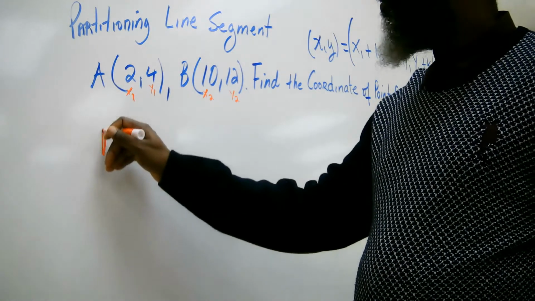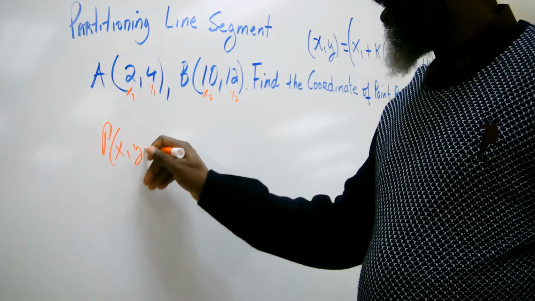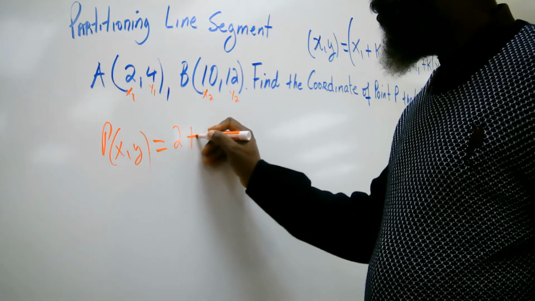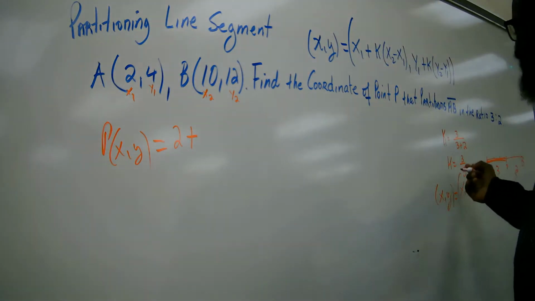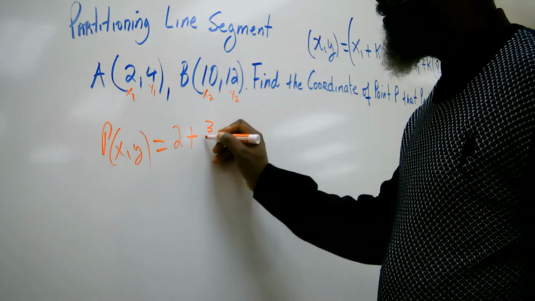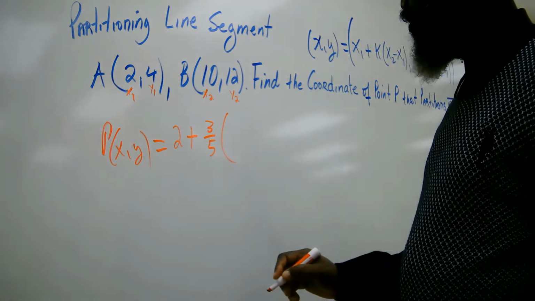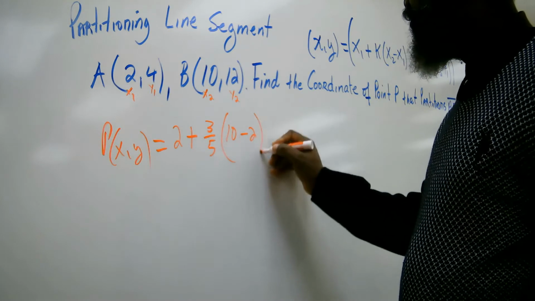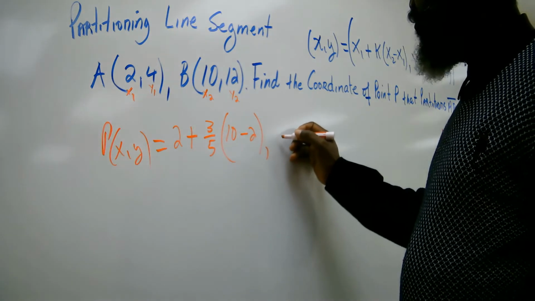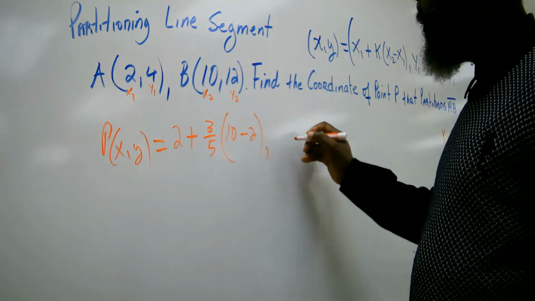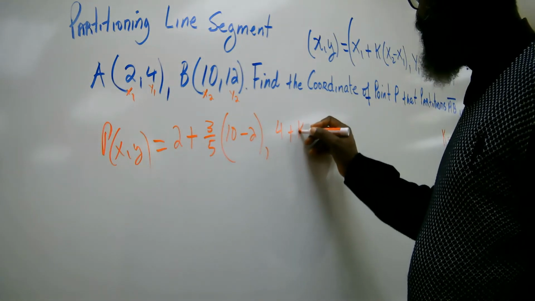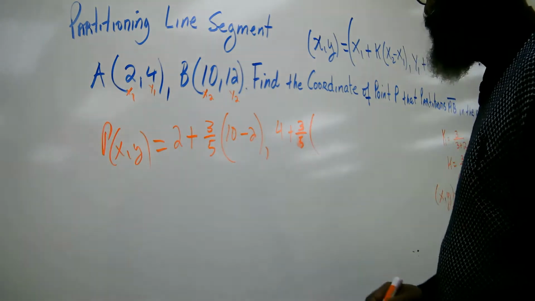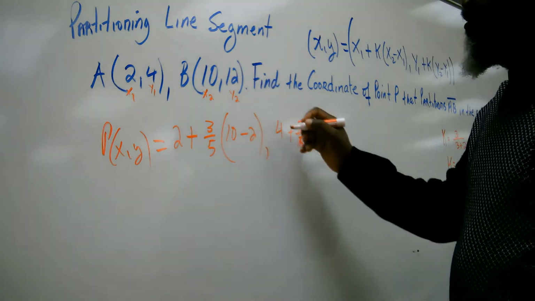So to find the point P (x, y), it is x1, which is 2, plus k, which is 3/5, times x2, which is 10, minus x1, 2, comma, y1, which is 4, plus k, which is 3/5, times y2, that will be 12 minus 4.